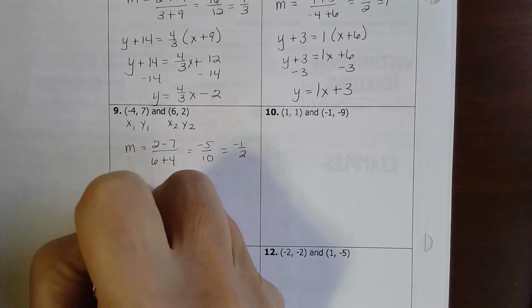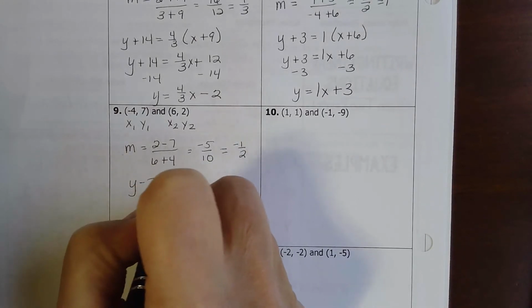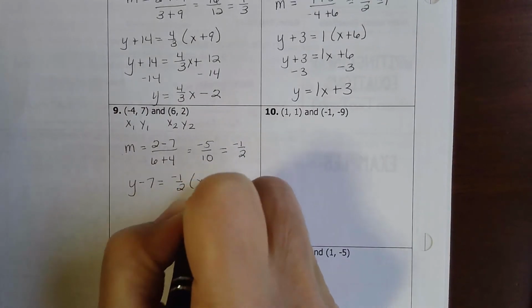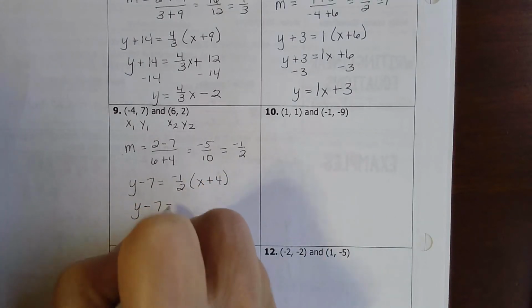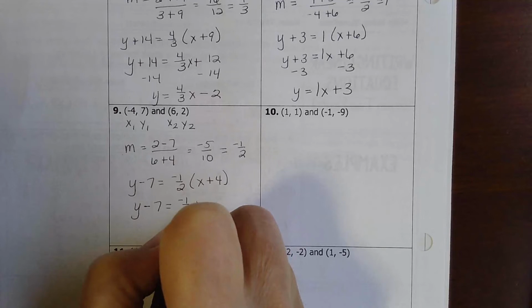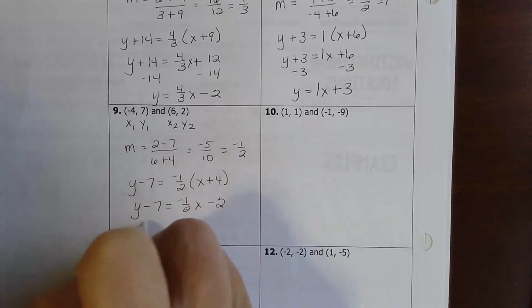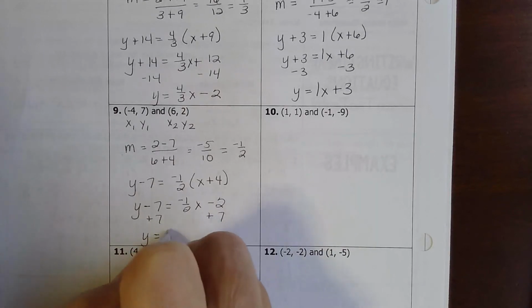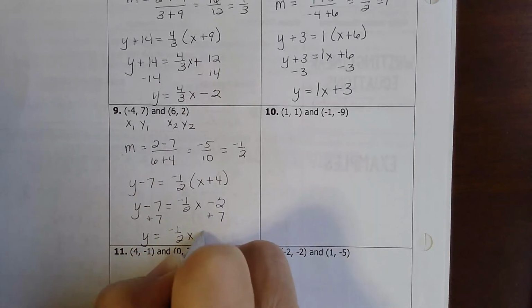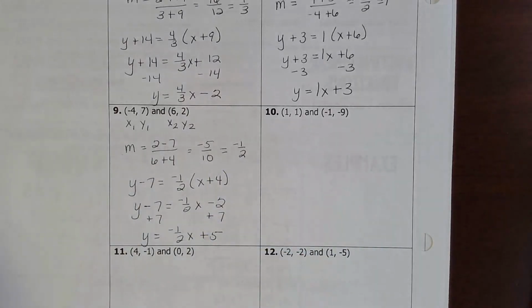So now we got y minus 7 equals negative 1/2 times x plus 4. So we get y minus 7 equals negative 1/2 x minus 2, add 7. So y equals negative 1/2 x plus 5.